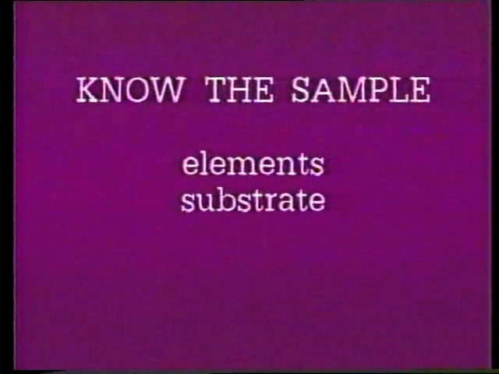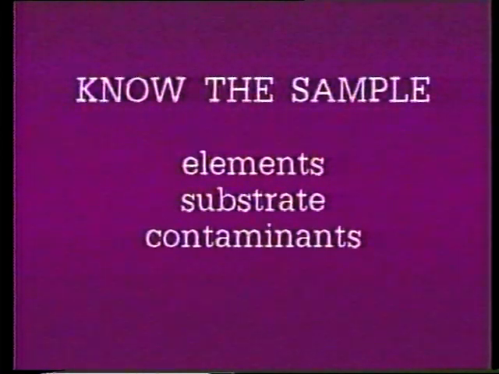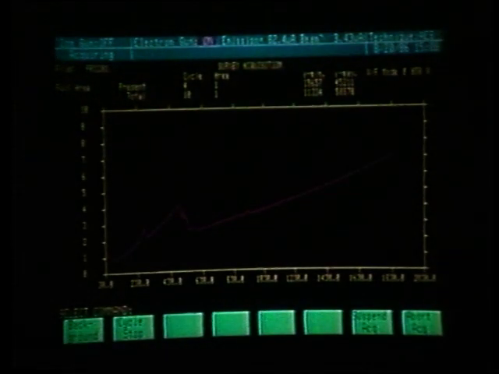We also need to be aware of any possible contaminants that we might be looking for. This is a chromium on copper. It's very possible that at the interface between the chromium and copper layer there might be a suspected contaminant.